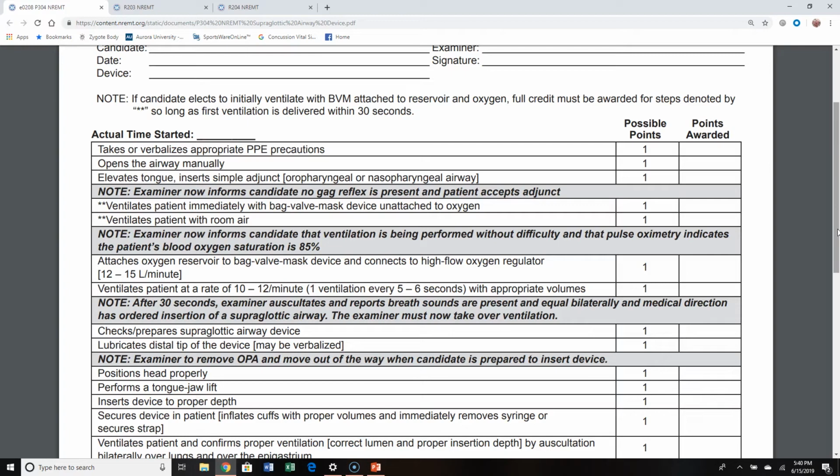But at a cost. If we're on a portable tank, like a D cylinder, running more than 15 liters per minute gives us a very limited amount of time that we're going to be able to care for that patient. As we recall from the class, a D cylinder running at about 15 liters per minute has about 18 minutes of oxygen in it. Anything more is going to burn up even faster.